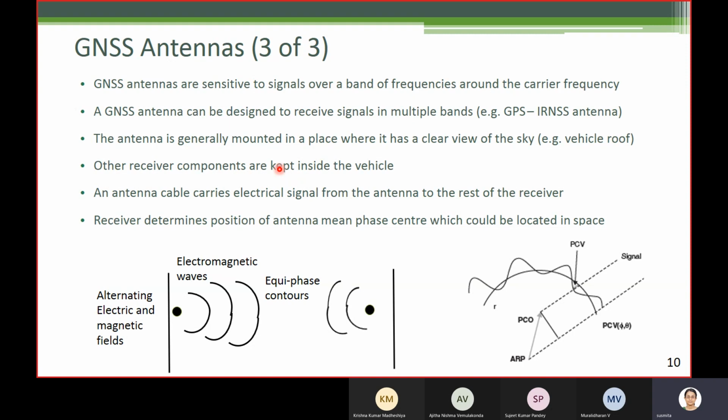So there is an antenna cable that connects the antenna to the rest of the receiver. The antenna converts electromagnetic waves to electrical signals, and the converted electrical signals travel through the antenna cable to reach the rest of the receiver.